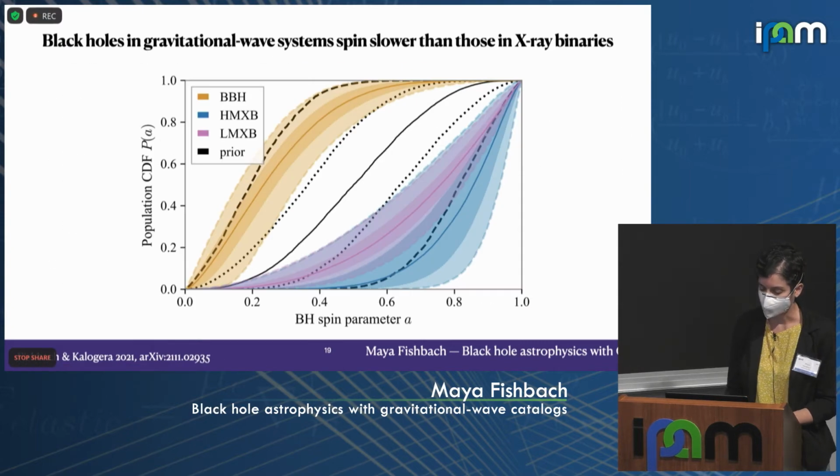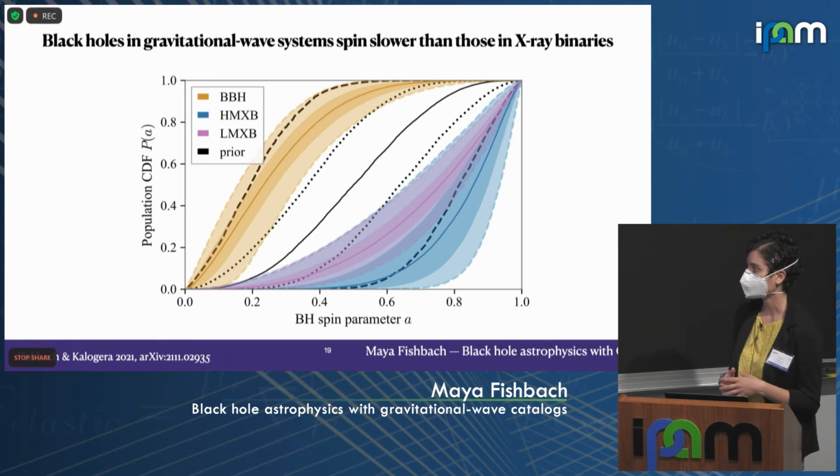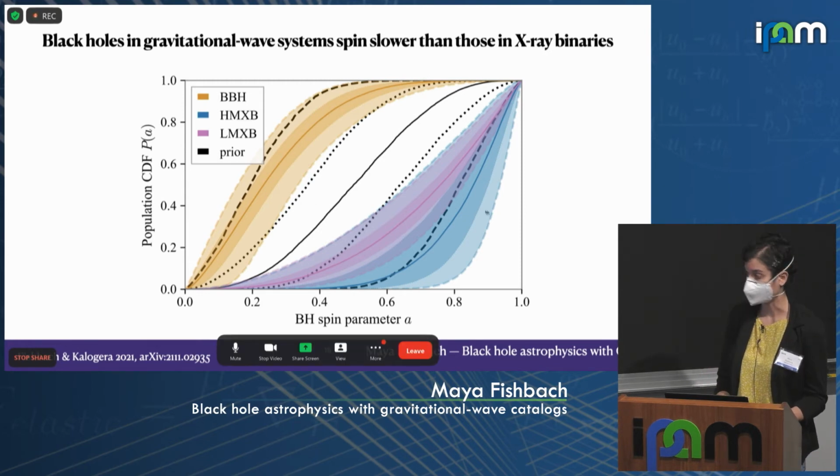The other thing we can do is we can actually learn about the individual spin magnitudes rather than just these effective spin parameters. And Mikhail already showed this plot, but one thing that we're already learning is that, for whatever reason, the spins in binary black hole systems are much smaller on average than the spins in both low mass and high mass X-ray binaries.